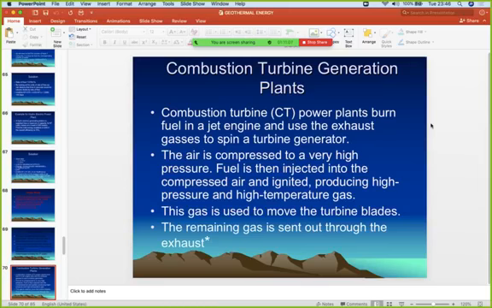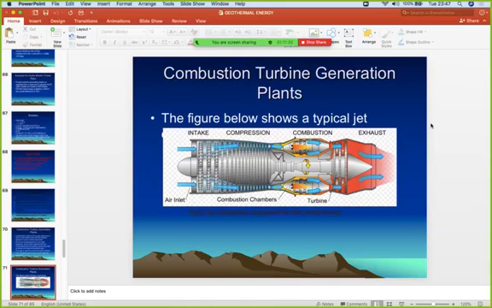So this is the one that powers up the jet engine. What happens to the turbine generator? It generates electricity. But for the air cycle, it generates air conditioning for the inside of the aircraft. So this is the section of the turbine generator.